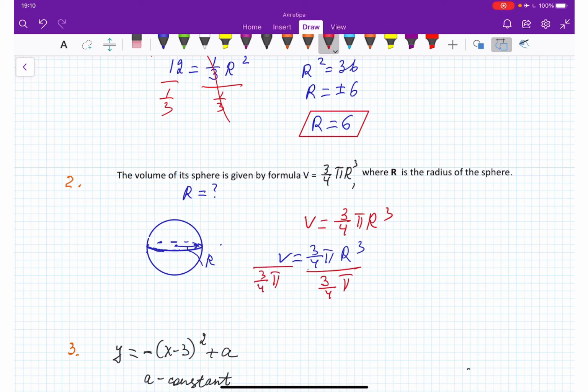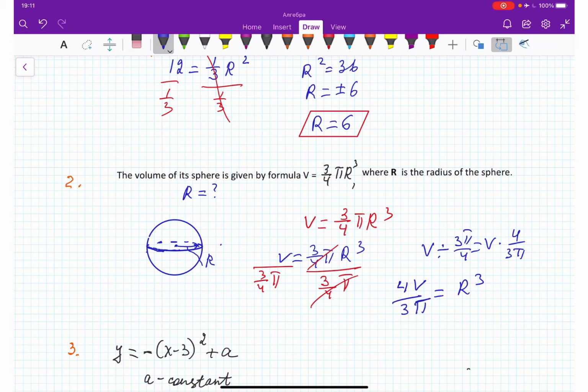So this 3/4 of pi is gone, and we have V divided by 3 pi over 4 is equal to V times 4 over 3 pi. Yes? So we are going to get 4V over 3 pi is equal to r cubed.